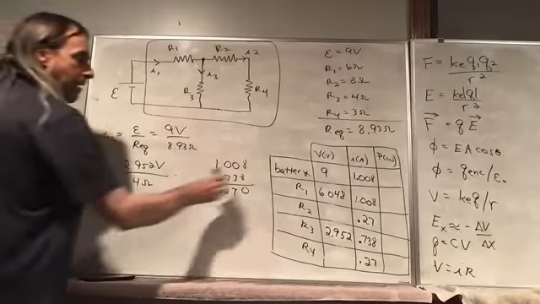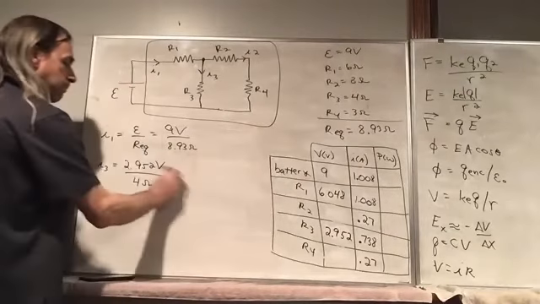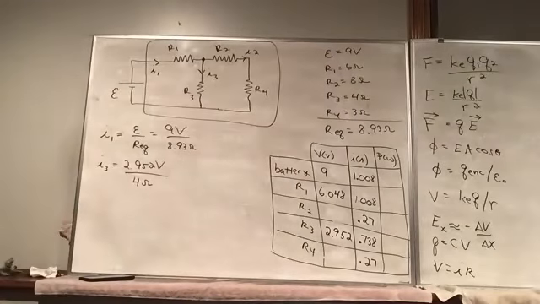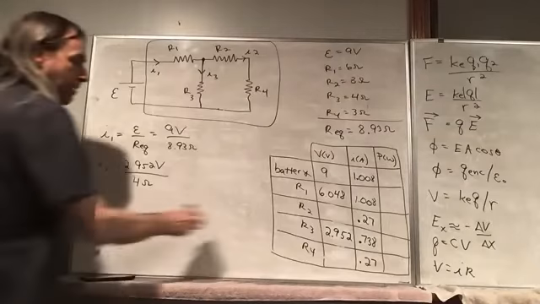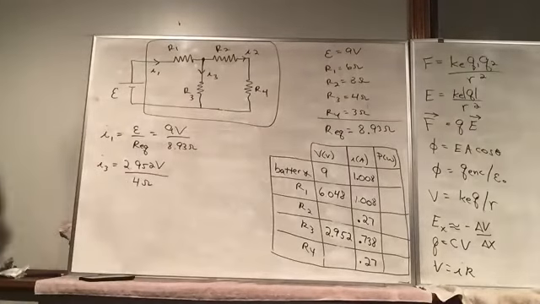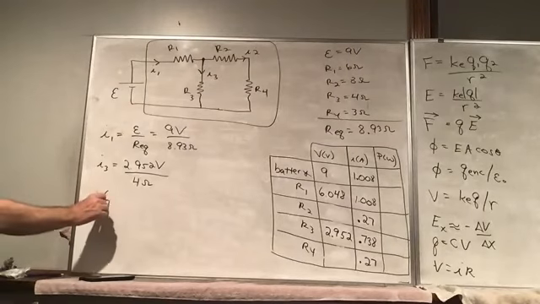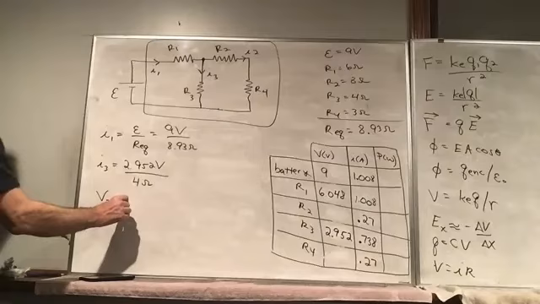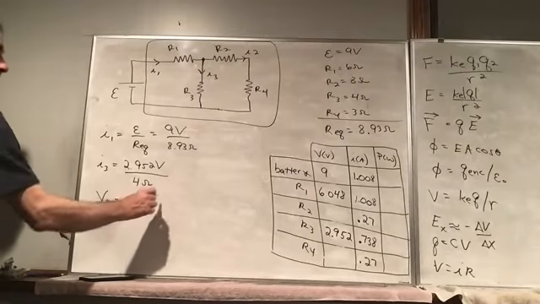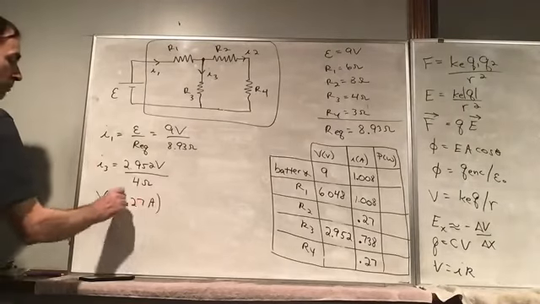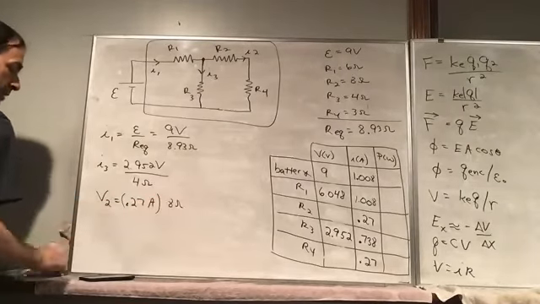I didn't like the, well, it might have just been a round off error. That was a little bigger than I like. So now V2 would be 0.27 amps times R2, which is 8 ohms.